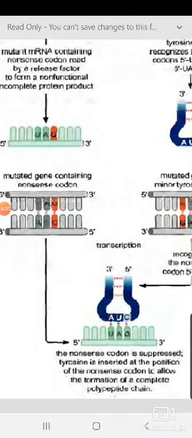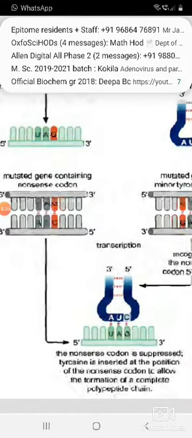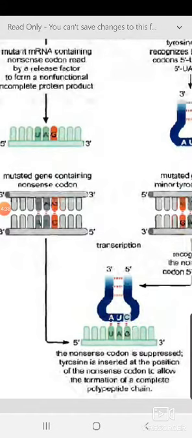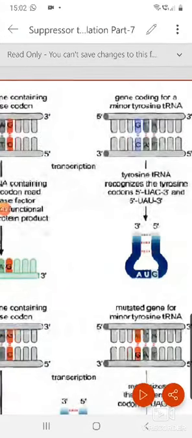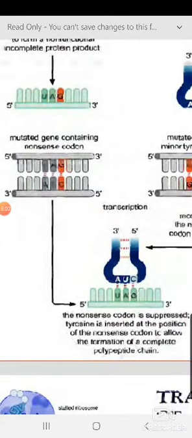So this is a UAG stop codon, which is coming from the mutated gene because the nonsense mutation takes place here. But here what happened? A minor tyrosine tRNA, which is carrying the tyrosine amino acid, instead of recognizing UAU, is now recognizing UAG. See, it is always coming in a reverse manner. If the RNA is 5 prime 3 prime, the tRNA will be opposite, 3 prime 5 prime.